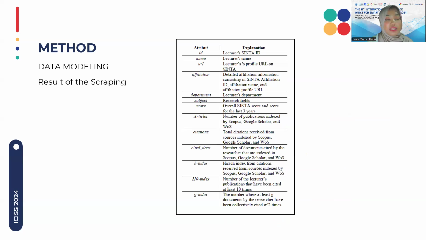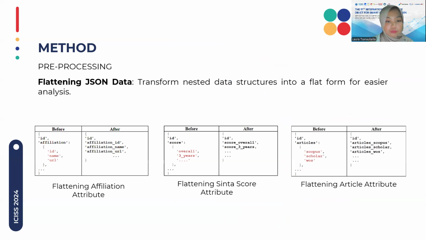This is the result of the scraping. We can see the attributes and the explanation of every single attribute from the JSON file that has been scraped before. And then we go to the preprocessing. The preprocessing is flattening JSON data: the nested data structure was transformed into a flat structure for easier analysis.